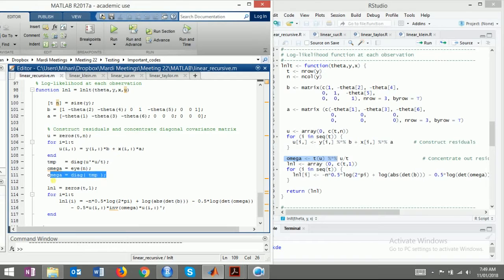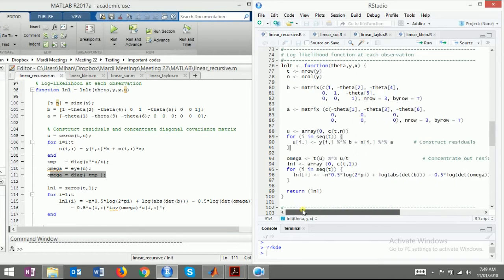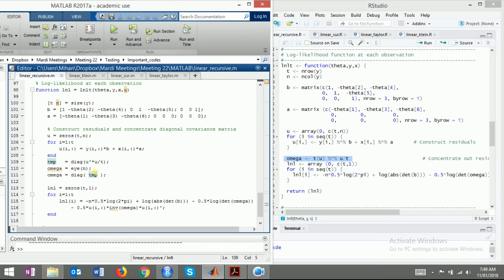Residual, concentrate out residual variance covariance matrix omega from here. Concentrate out residual variance covariance matrix, diagonal of TMP, TU multiplied TU by T. Oh, this is just this. That's all. This one is just diagonal, without diagonal. This is just this. Done. This two is not being done, so we are skipping that.